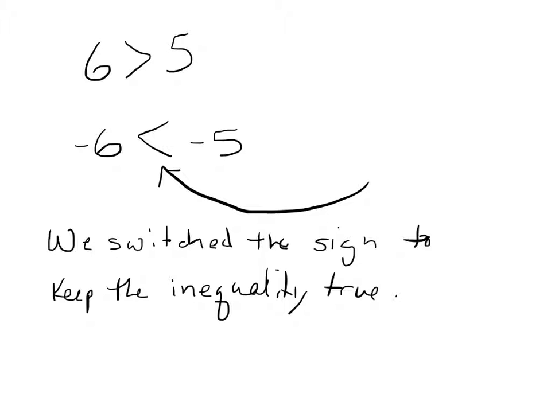That's what we needed to do. So negative 6 is less than negative 5. So our numbers kind of stayed in the same spot. We multiplied them both by a negative 1. But when we did that, we had to change our symbol around.